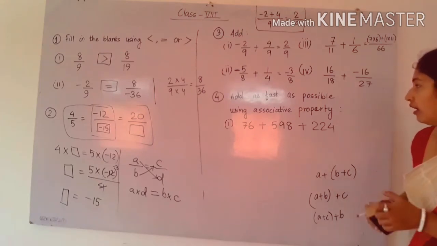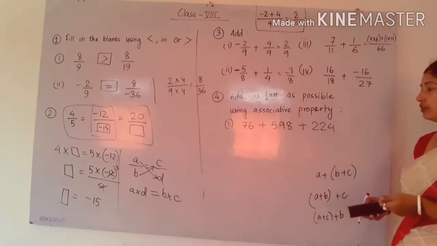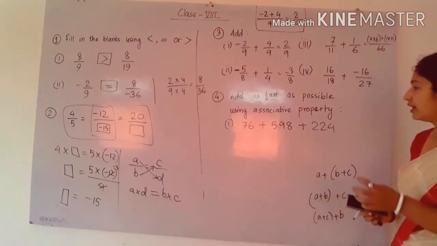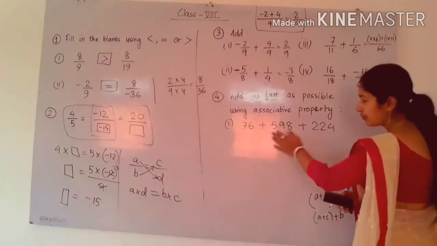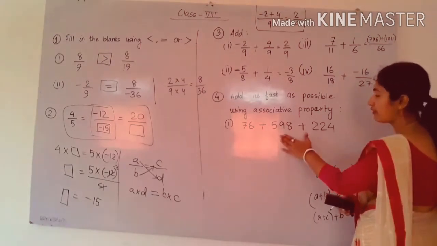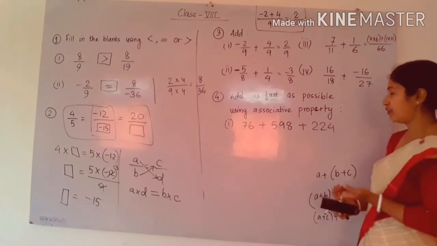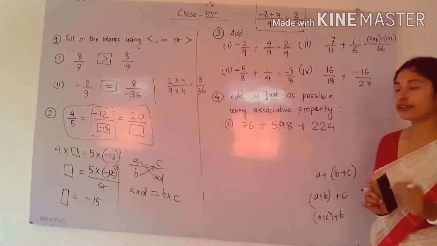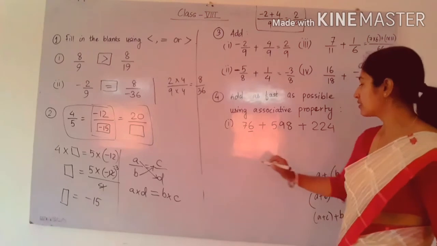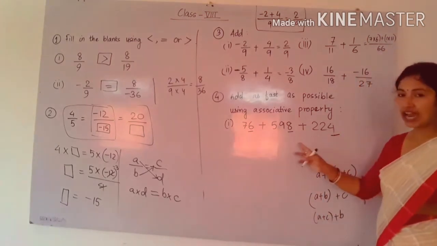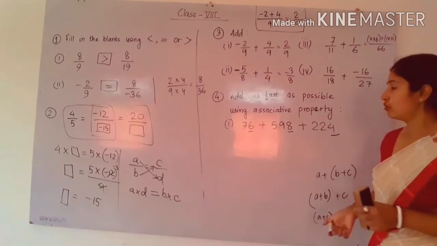So here, how to change the order and on what basis you will change the order. First of all, see here 3 numbers are given, 76, 598 and 224. Which number do you have to add first? Simply check the ones place. Here the ones place is 6, here it is 8, here it is 4. Which two numbers, when we add, will give 0?